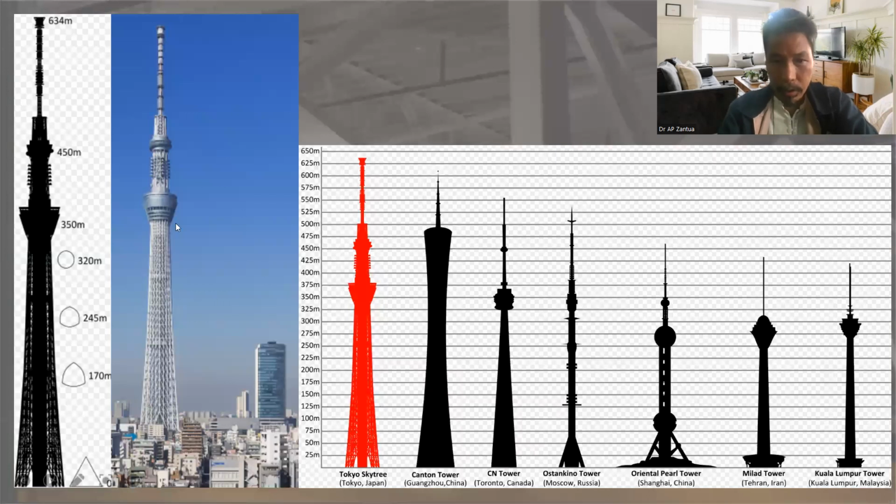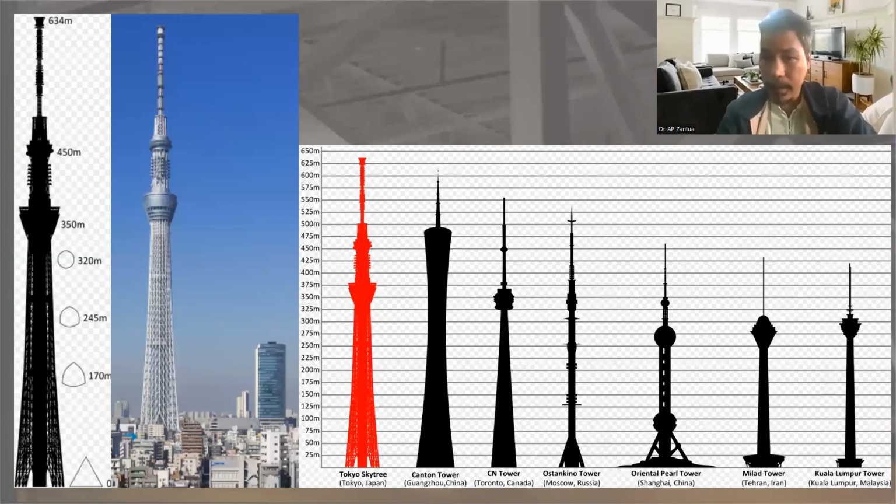As you can see, the current highest tower in the world is Tokyo Sky Tree, located in Tokyo, Japan. The second is Canton Tower in Guangzhou, China. The third highest is the CN Tower in Toronto, Canada.